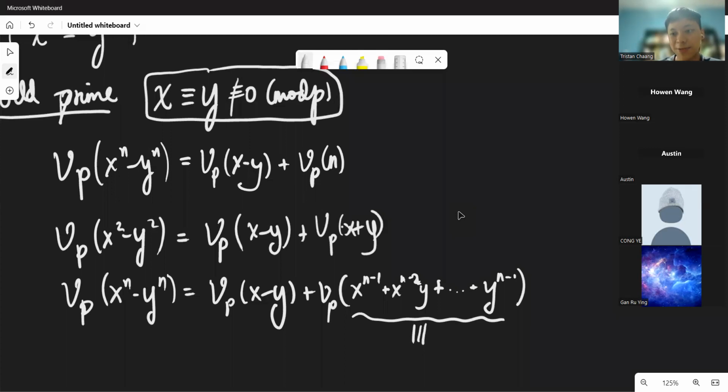Well, notice that x and y are congruent mod p, right? So the second term is also x to the n minus 1, because it's x to the n minus 2 times x.